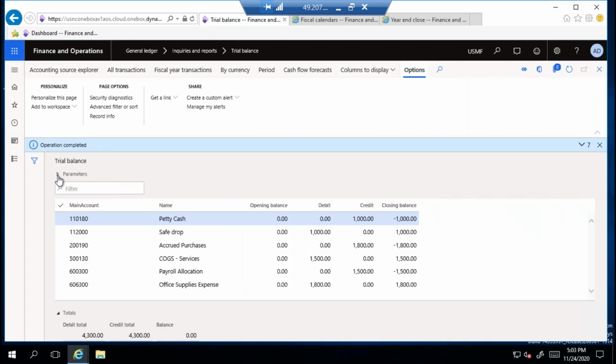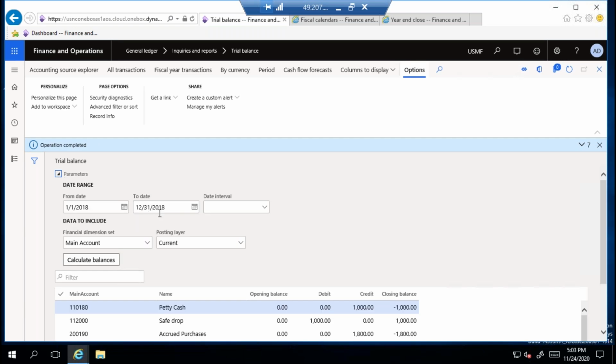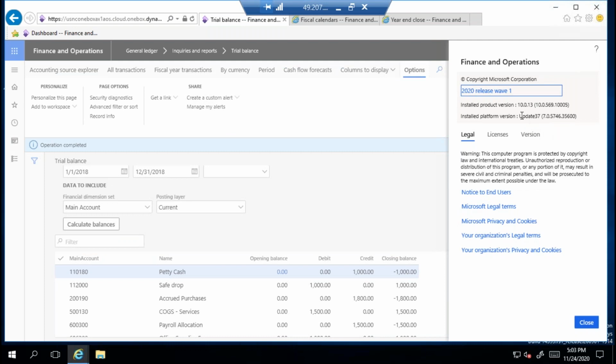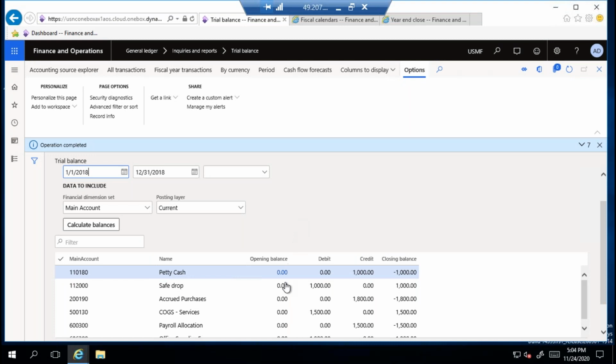For 2018 it is not there, but there is a small bug. I will show you the running process, but I will not get these opening balances for version 10.0.13. There is a small bug in the year-end process. Microsoft is working on that. So I will run this process, but my bad luck, I cannot show the opening balances, but I will execute.